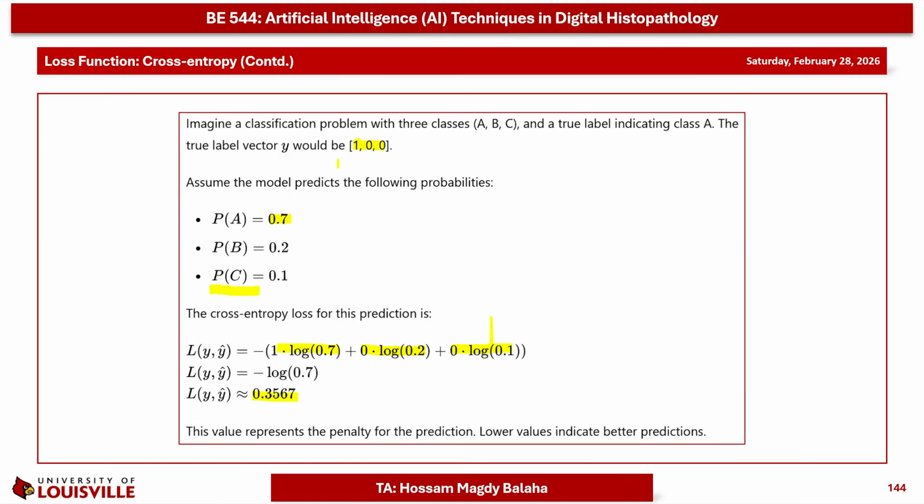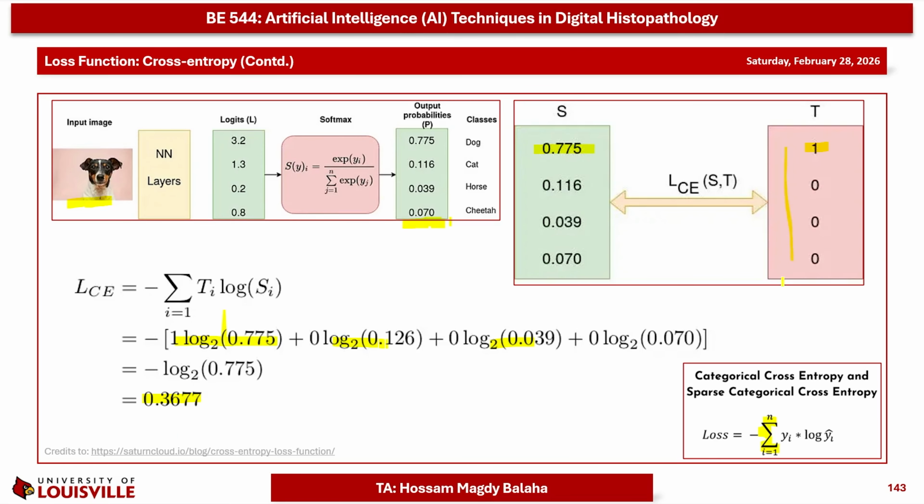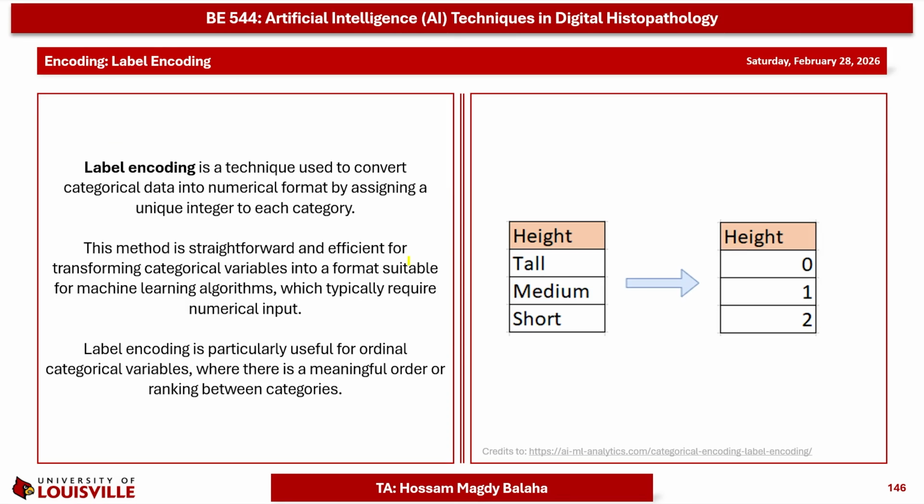Now you may wonder why we are dealing with the vectors or the outputs or the ground truth with that style here and here. Simply what we did is called encoding, and encoding means we are converting the non-numeric data into numeric formats, or in a suitable format that we can calculate the loss function from them.